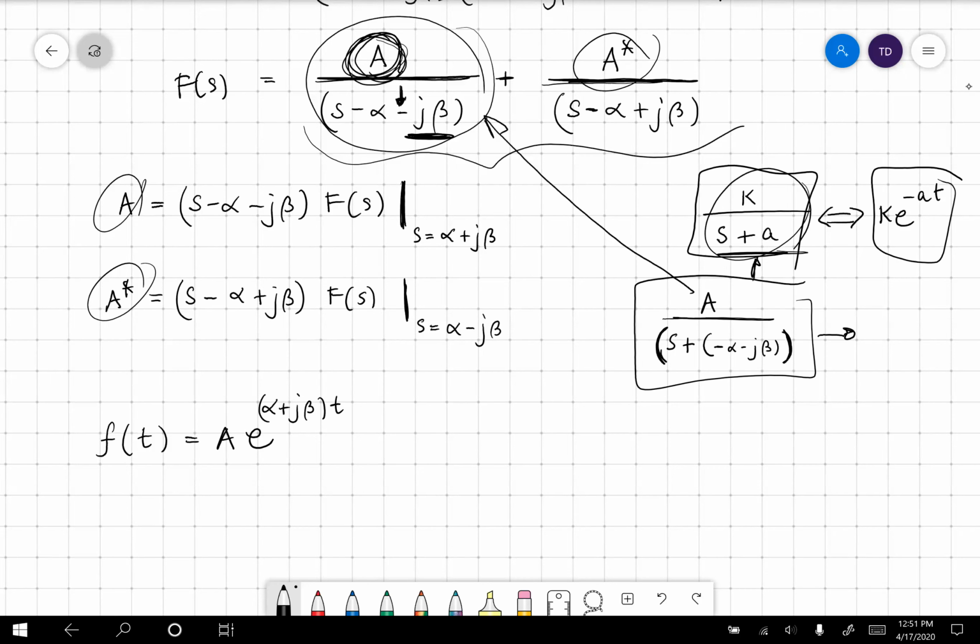Don't forget, Euler's identity, e to the jx equals what? What's the real part of e to the jx? Cosine x. Excellent.